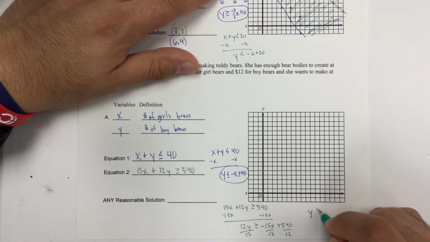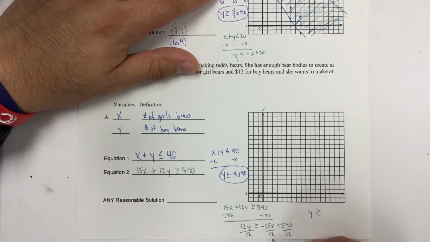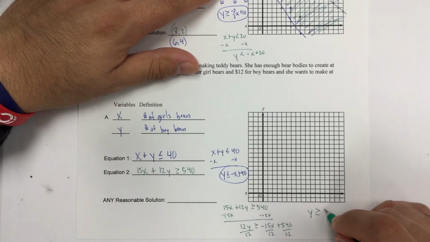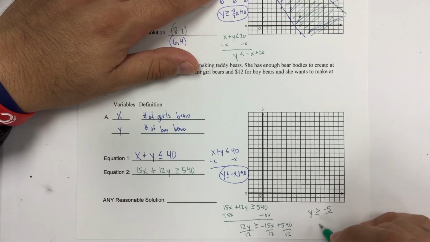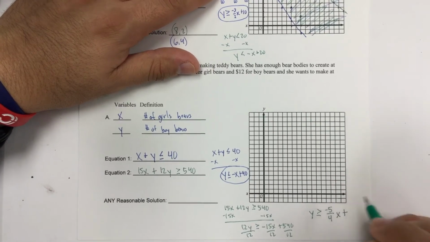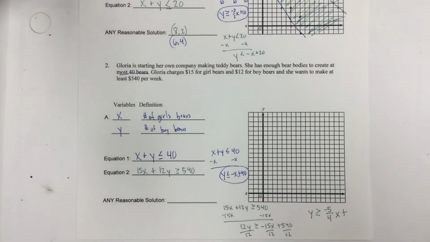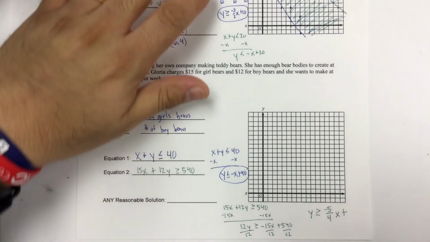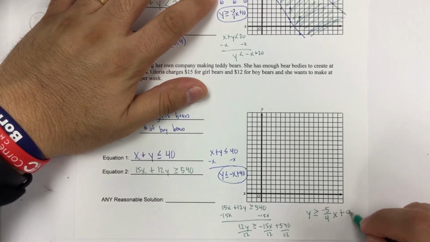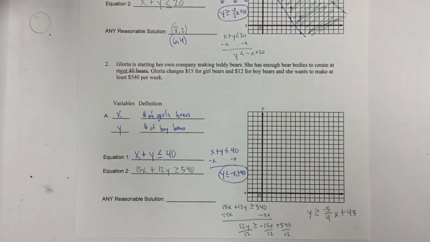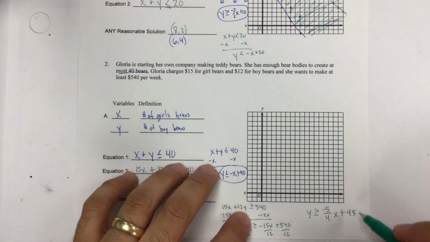So Y is greater than or equal to, negative 5 and 12 are both divisible by 3. 3 goes into 15 5 times, so that's negative 5 over 3 goes into 12 4 times, X plus, and now we have to figure out how many times 12 goes into 540, which is going to be 45. Okay, so I have 45 here. So these are the two equations.